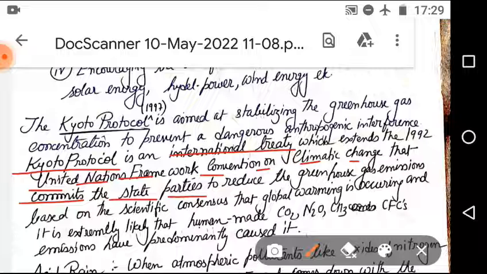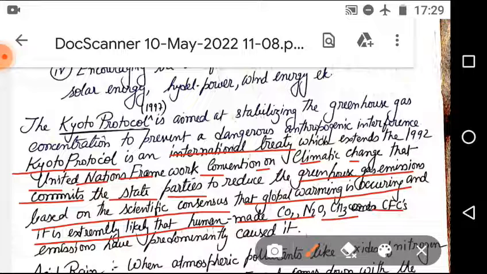They have to commit that they will reduce the greenhouse gas emissions based on scientific consensus that global warming is occurring, and it is extremely likely that human-made carbon dioxide, nitrous oxide, methane, and CFC emissions have predominantly caused it.